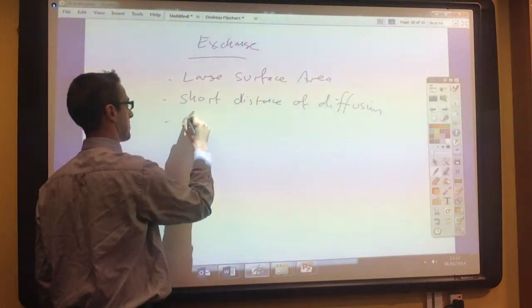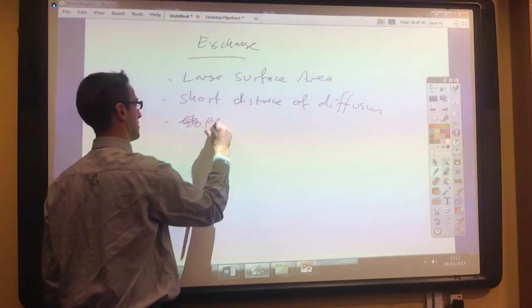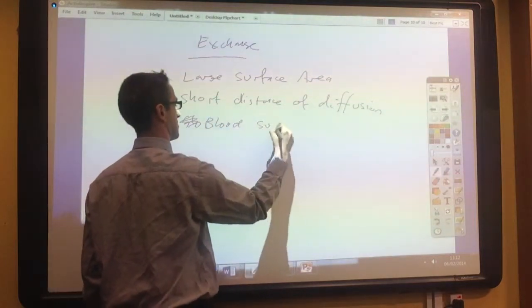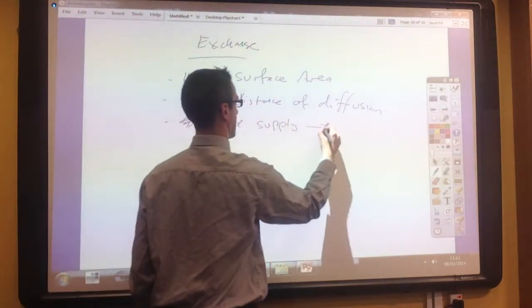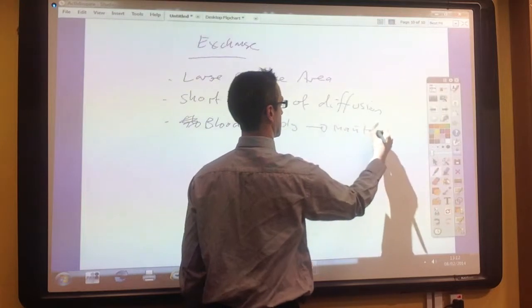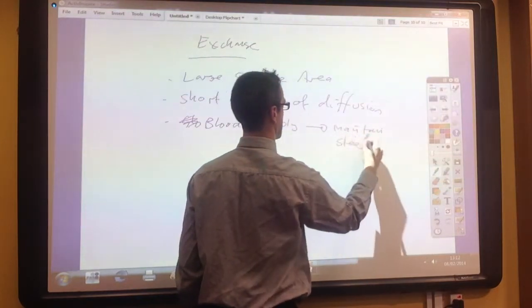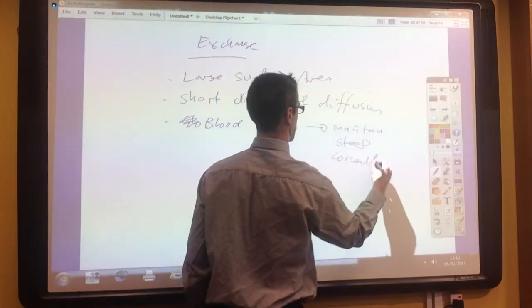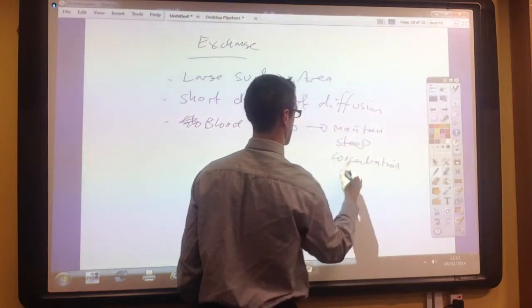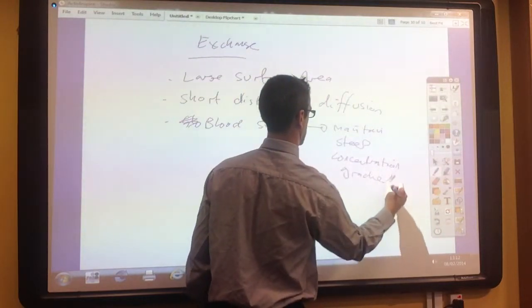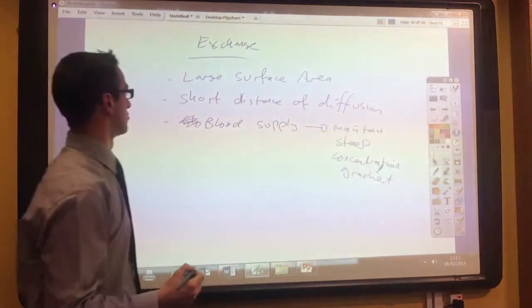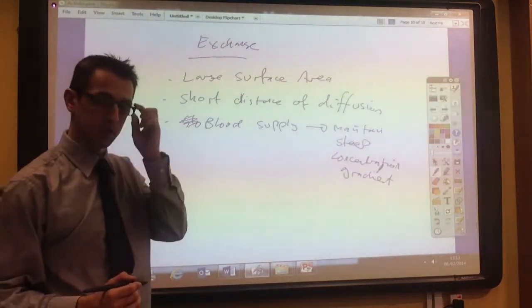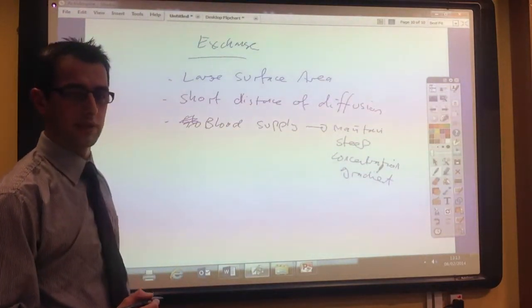And the job of that is to maintain a steep concentration gradient. Crucial elements for the exchange of any molecule in living systems.